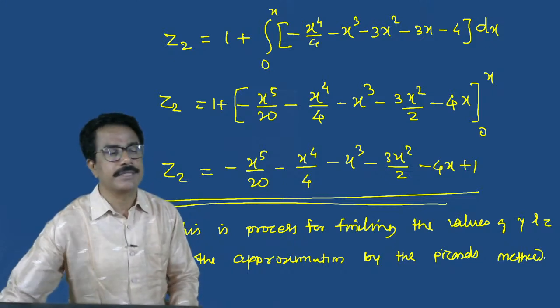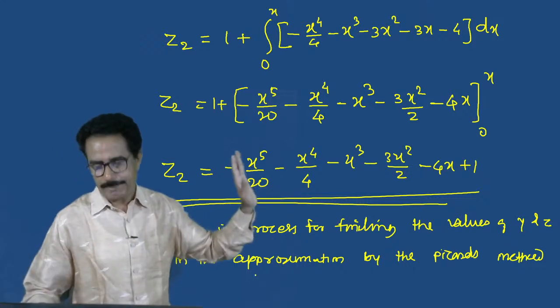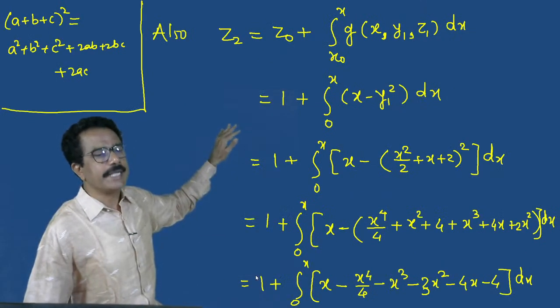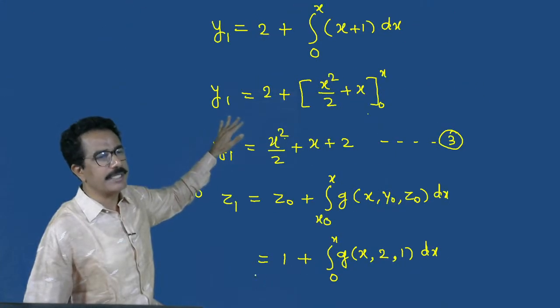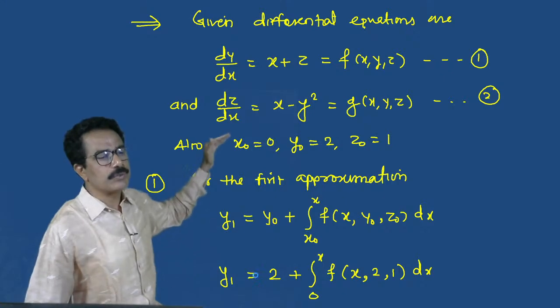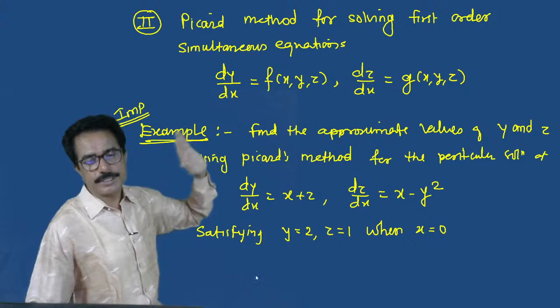By the Picard's method, we can obtain the third approximation, fourth approximation, whatever may be. That's it. Now this is the second approximation we can obtain. Did you understand? In this way you can take the second approximation. Thus we can find the second approximation using the Picard's method.